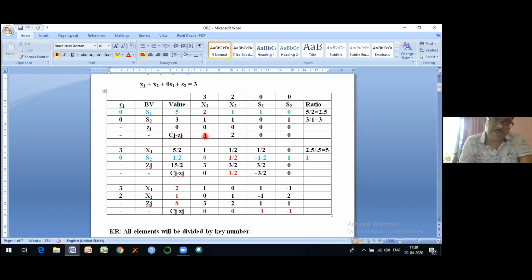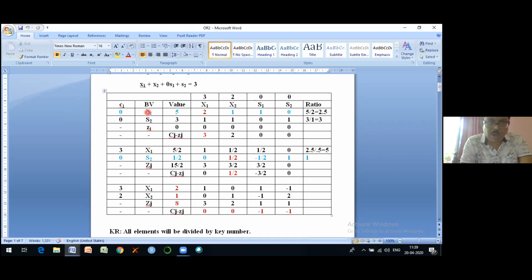And the key row, this is our key row, is giving us a clear indication that S1 will be going out.